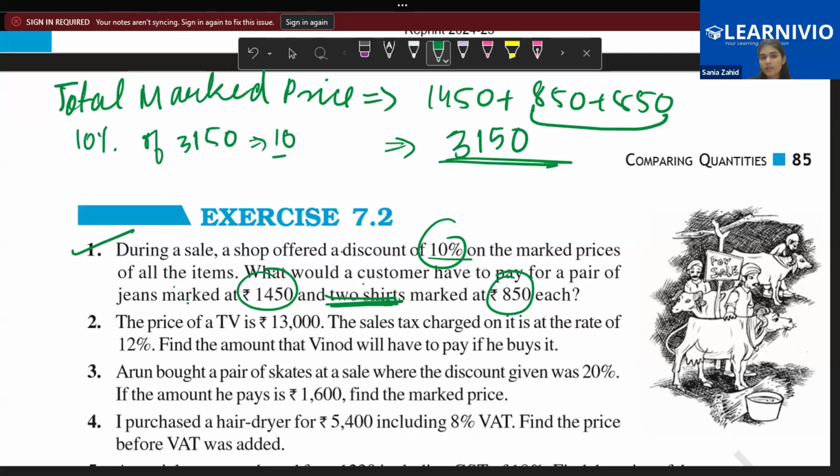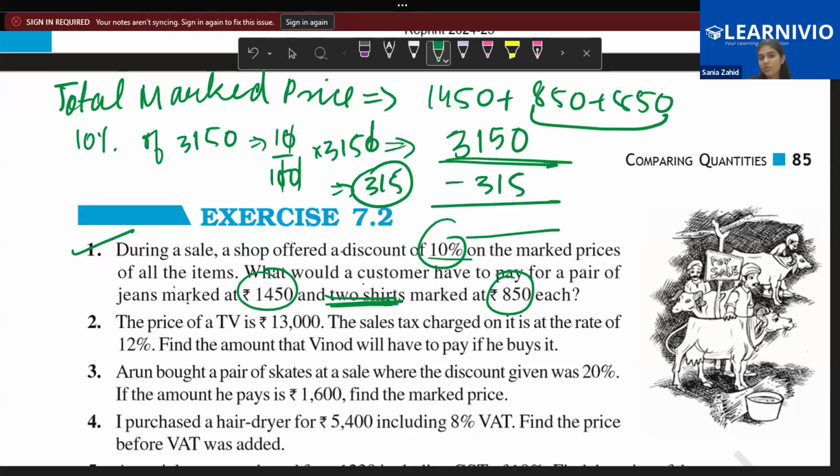You do 10 by 100 into 3150. Zero cancelled, you get 315. Now children, just subtract 315 from 3150 and you will get your answer. Are you getting 2835? Yes, ma'am.